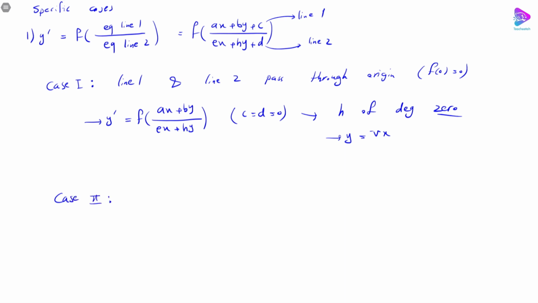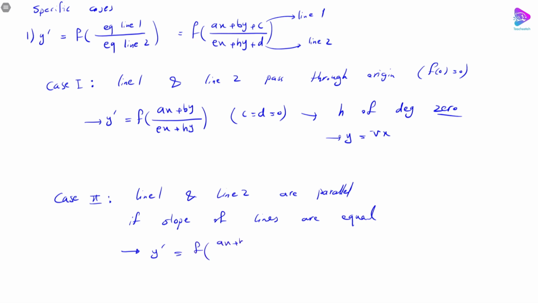case 2. Line 1 and line 2 are parallel. And if you can remember, two lines are parallel if the slopes of the lines are equal, which in this case means you're going to have y prime equal to f of ax plus by plus c over ex plus hy plus d, and a over b is equal to e over h.